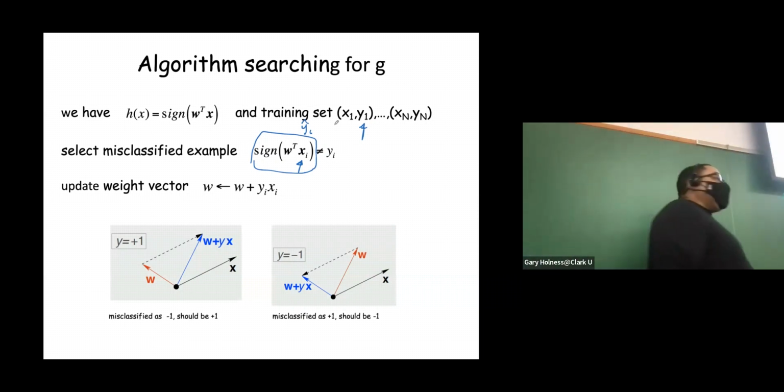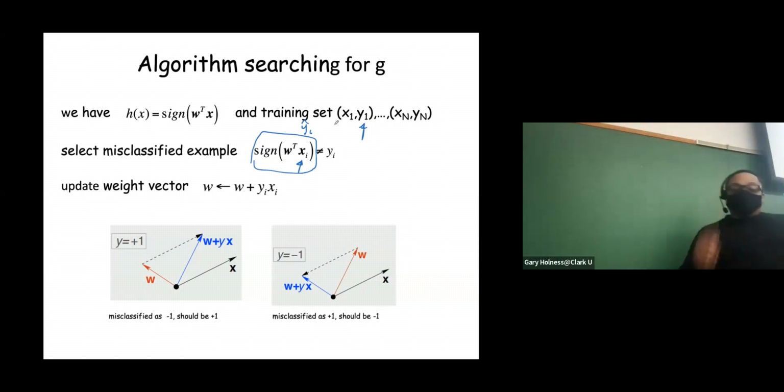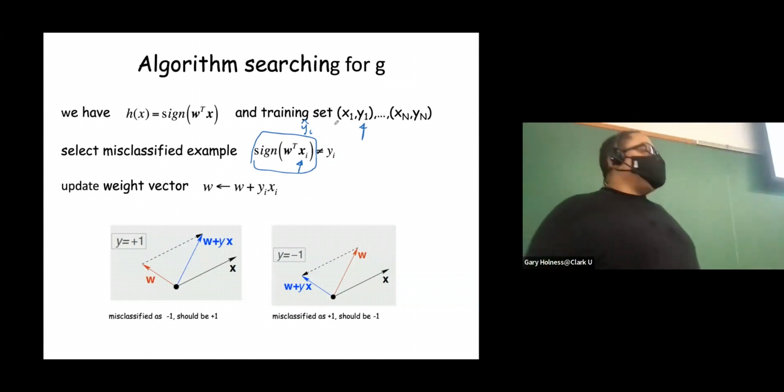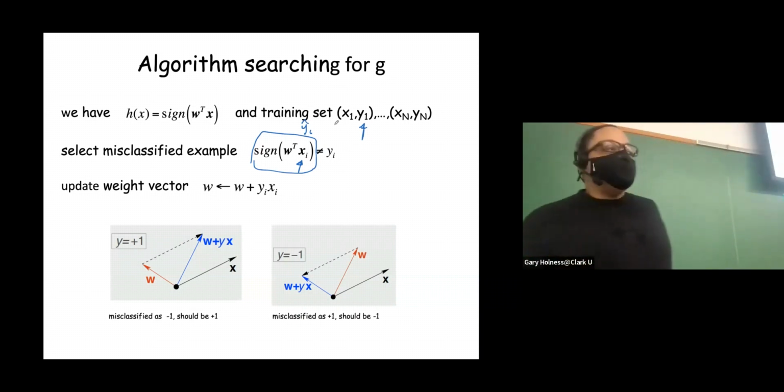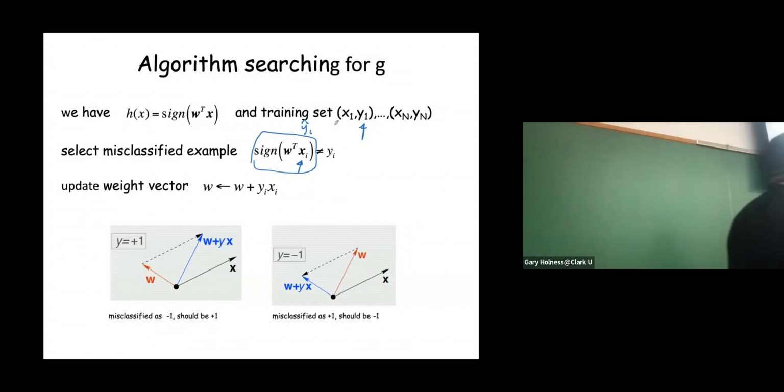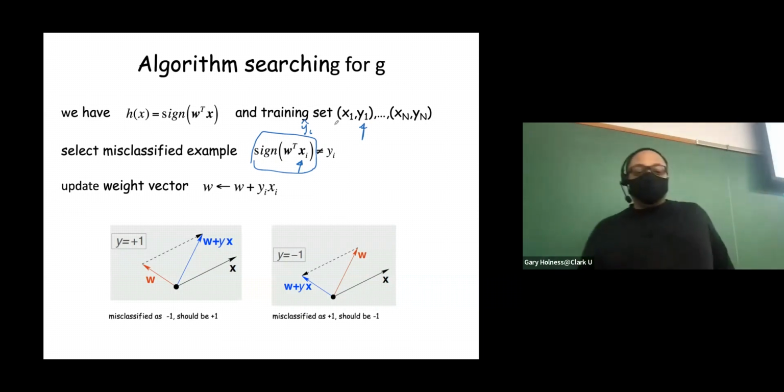So now we look at all of those places where the working hypothesis made an error, and we're going to pick one of them. How you pick one could be random. That's perfectly fine. Or it could be somewhere in the vicinity of something else that was misclassified before. Once you select a misclassified point, you're going to use that misclassified point to drive what the next version of your working hypothesis should be, our next instantiation of the weight vector.